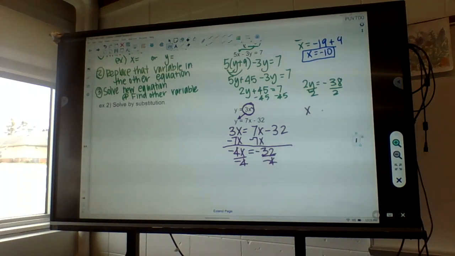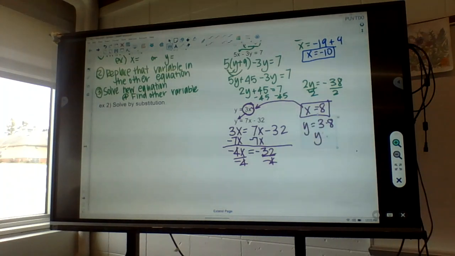And we're going to find out that x would be 8, negative 32 divided by a negative 4. And then again, I can put that back into either equation, but I usually use the easier one or the one I used to substitute. So 3 times 8, so y will be 24. So we found both x and y.